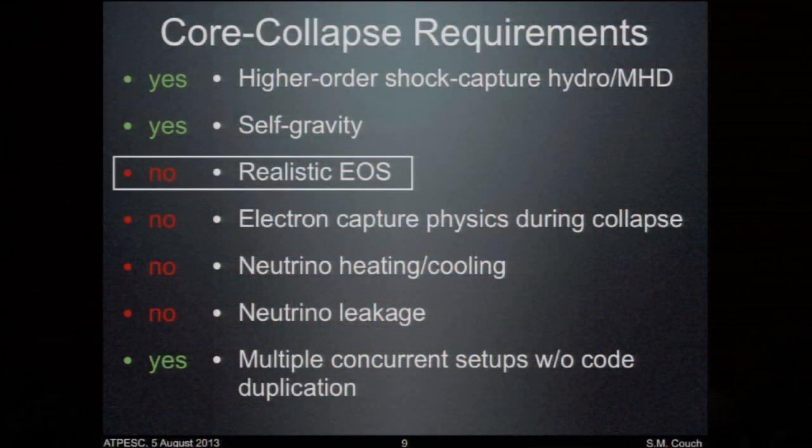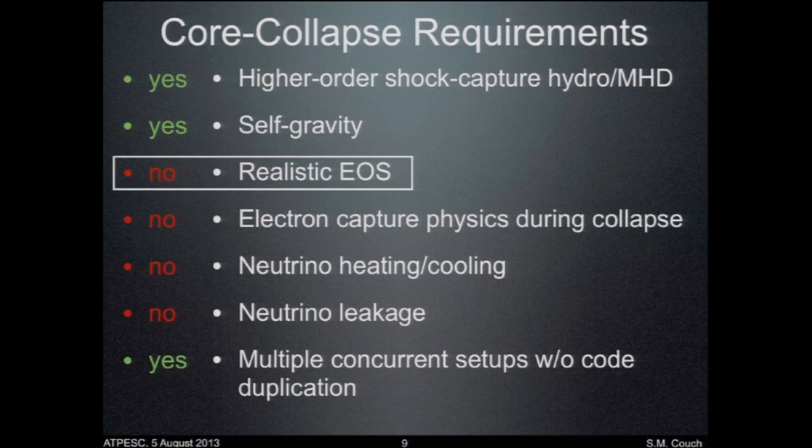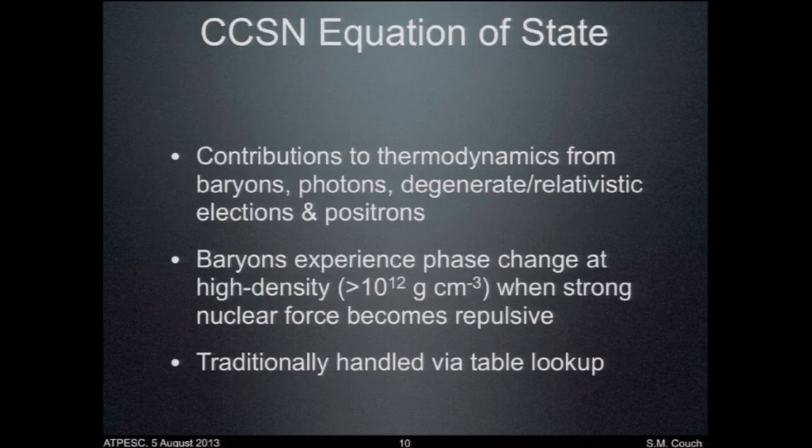Okay, good question. So let's move on to realistic equations of state. The core collapse equation of state has contributions to thermodynamics from baryons, protons, photons, degenerate and relativistic electrons and positrons. The baryons experience a phase change above about 10 to the 12 grams per cc, very high density. This is nuclear density, right?